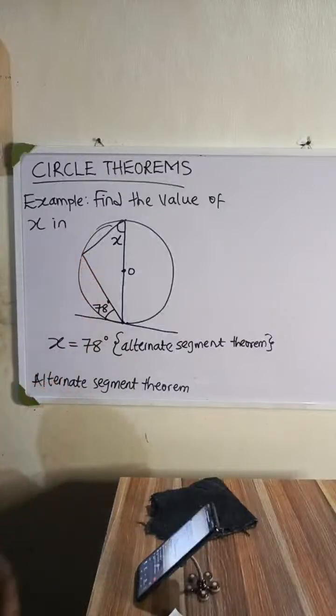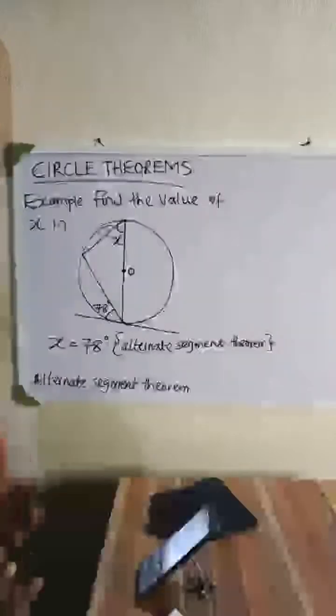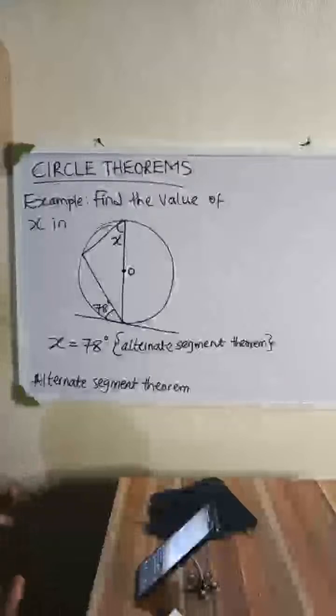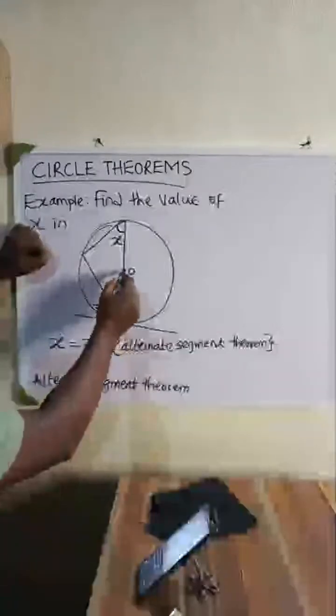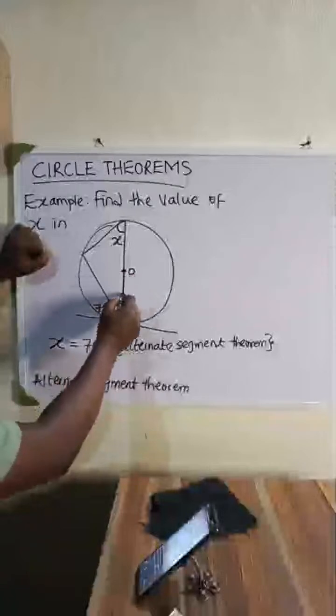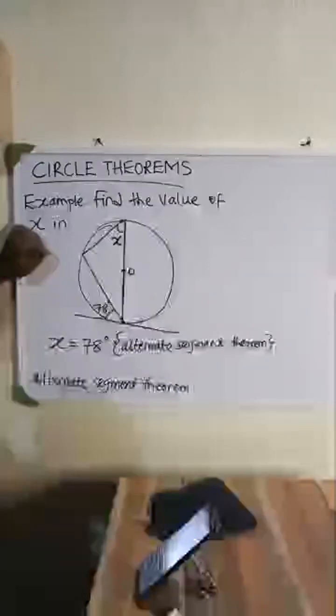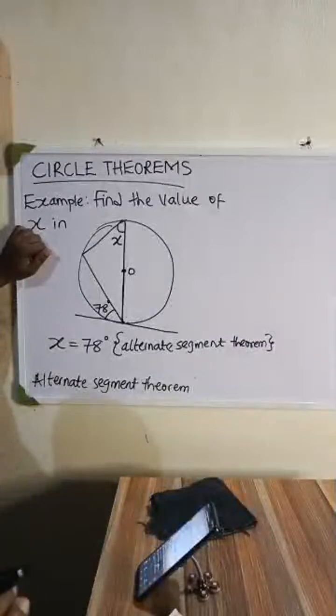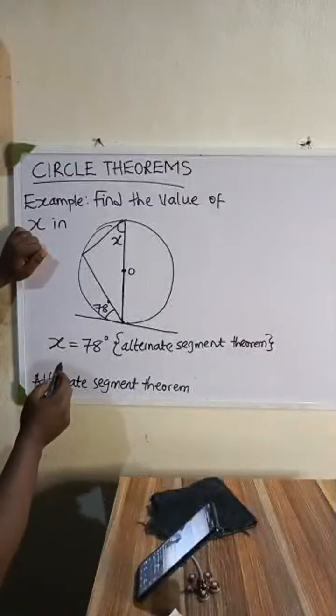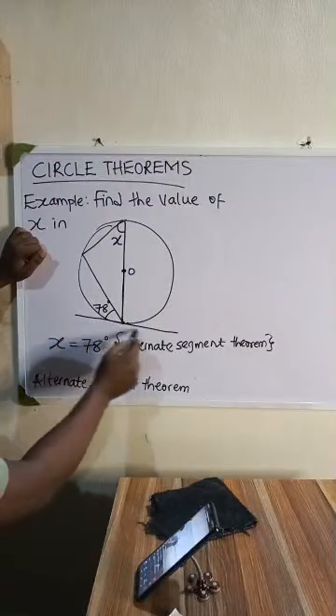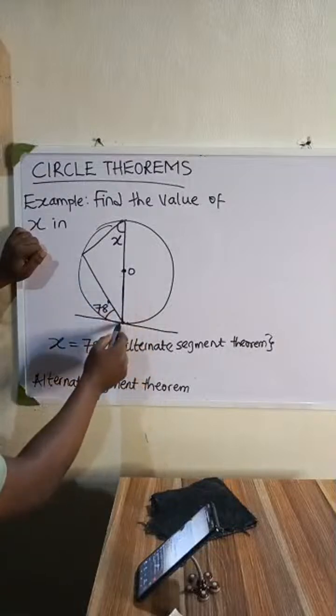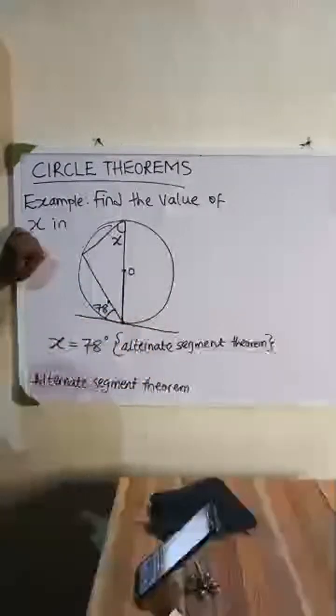But let's see if you can get the answer using another means. Remember, I told you you can use more than one way to get the correct answer. Now, we know that this from O to the circumference is a radius. We learned that one of the principles is the angle that is formed by a tangent and the radius is equal to 90 degrees.